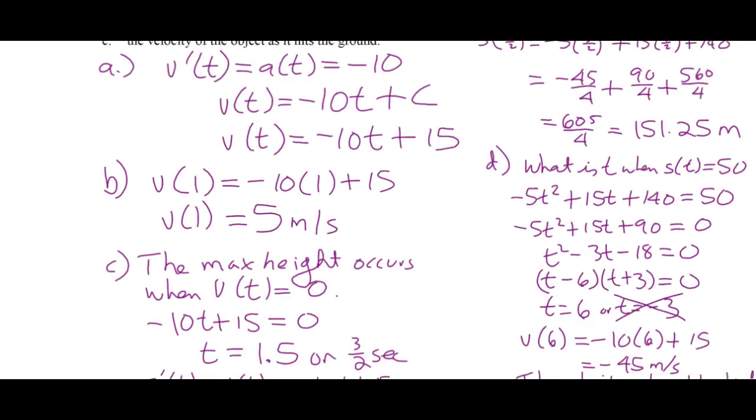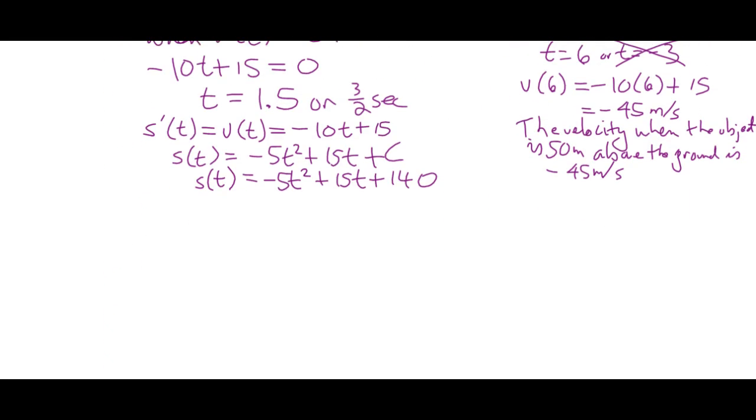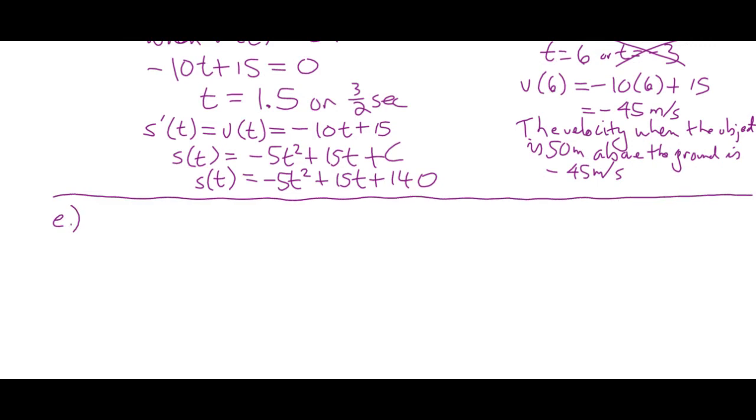The velocity of the object as it hits the ground. So as it hits the ground, what's going on? We need to find t when s of t is equal to 0. So what was s of t?